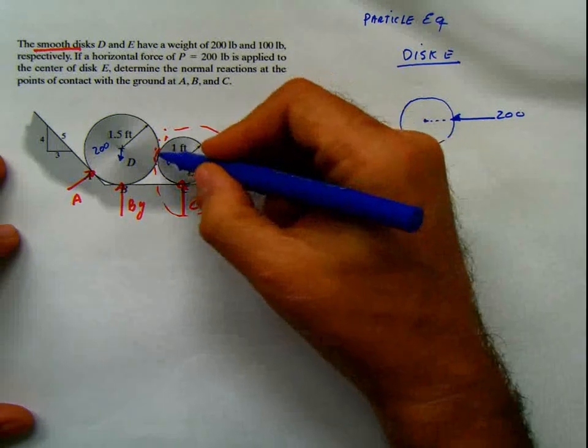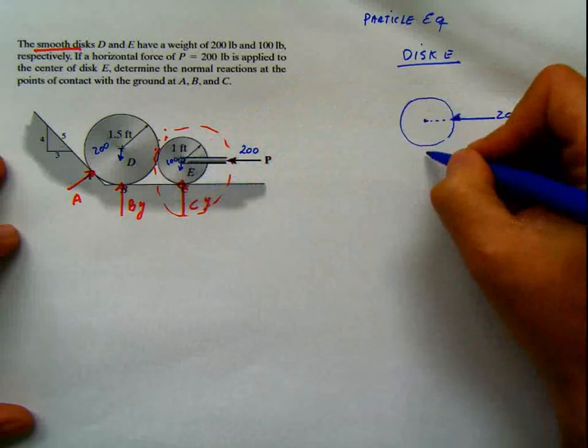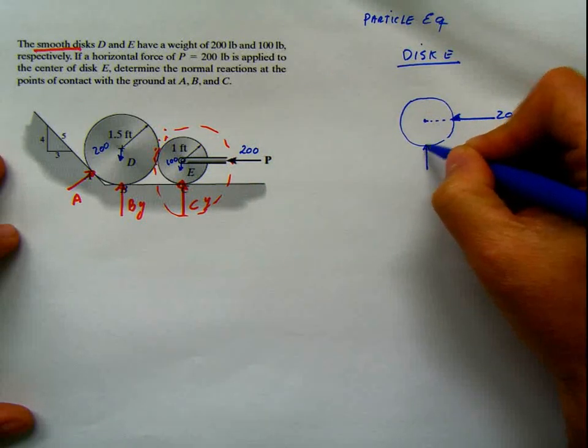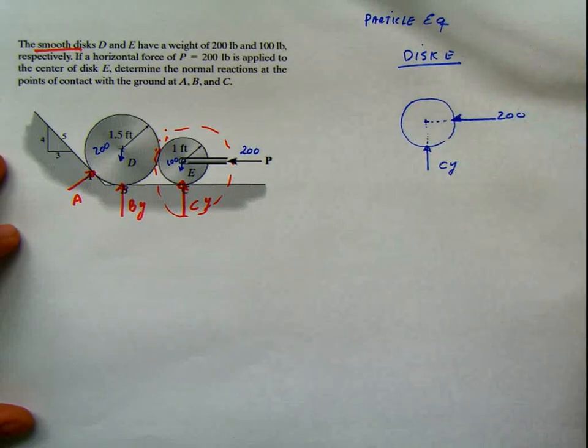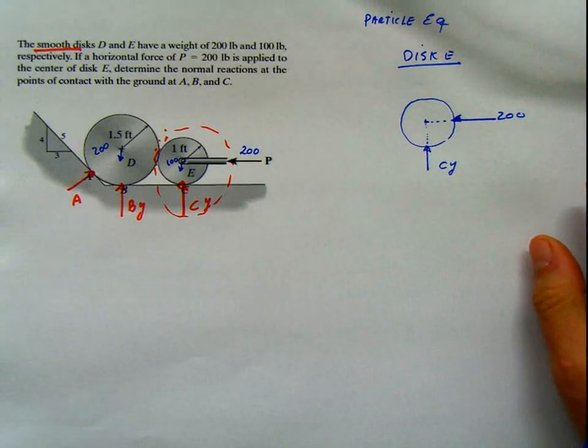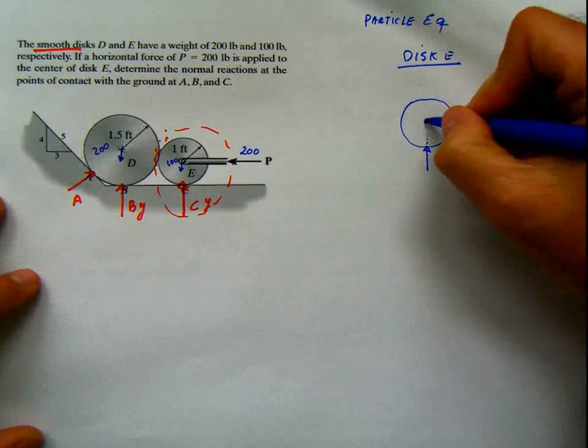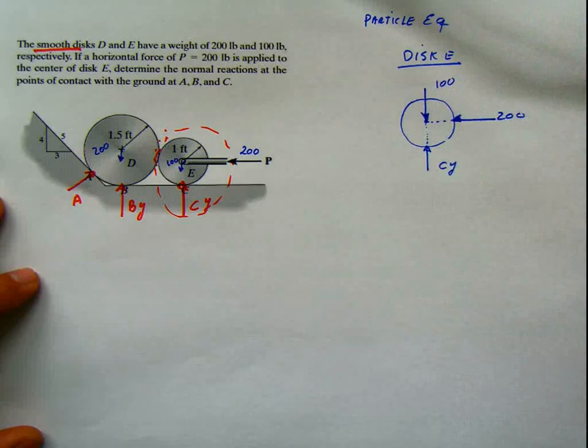And then you're going to have the normal force Cy, which you can translate also up to the center. You have the weight, which is basically at the center, and is 100.